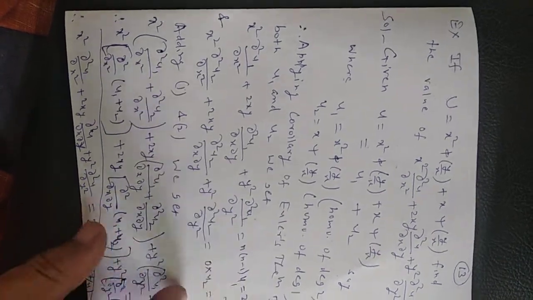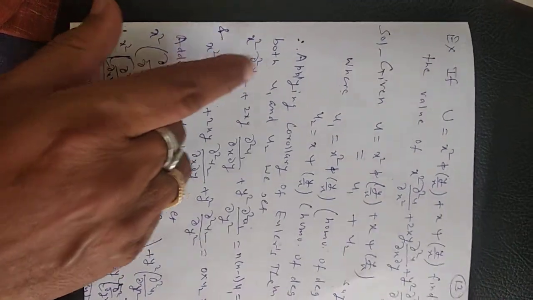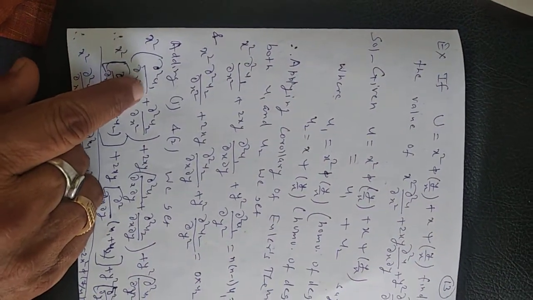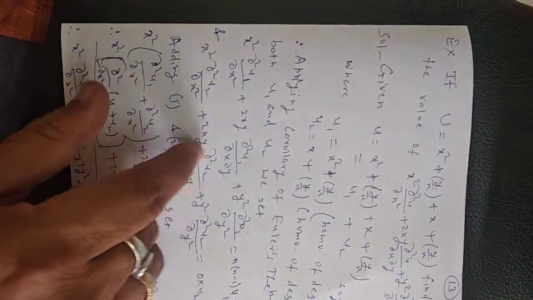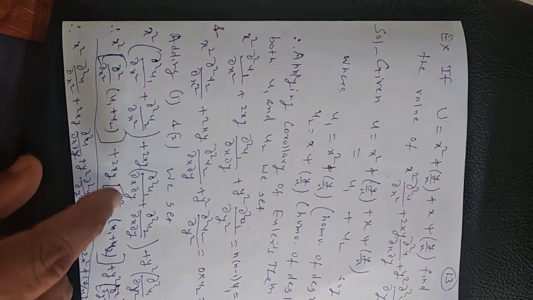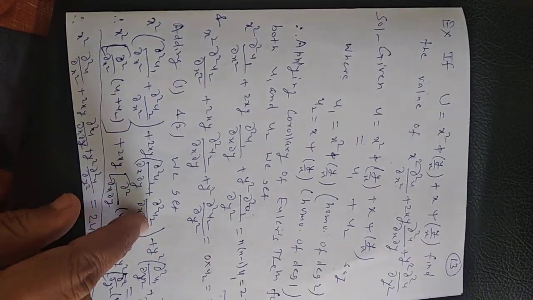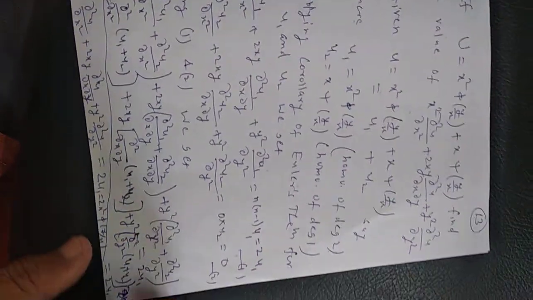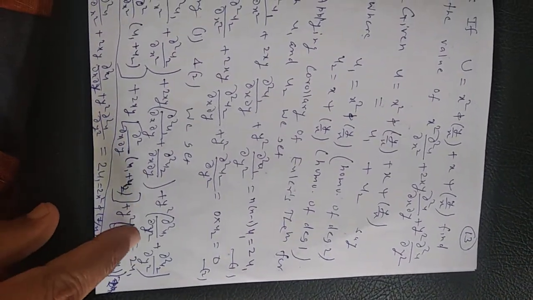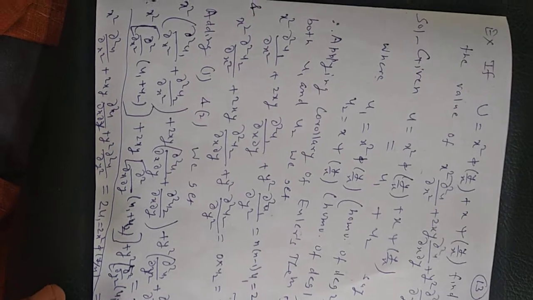So add these two. First term addition: x square into dou 2 u1 by dou x square plus dou 2 u2 by dou x square. In the second term 2xy is common: dou 2 u1 by dou x dou y plus dou 2 u2 by dou x dou y. In the third term y square is common: y square into dou 2 u1 by dou y square plus dou 2 u2 by dou y square.